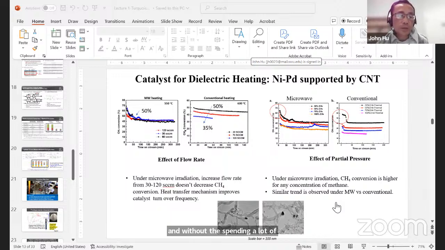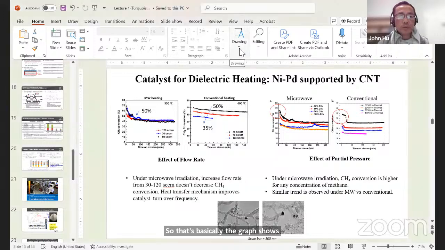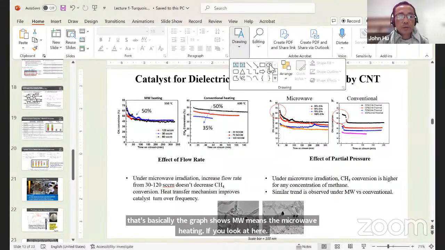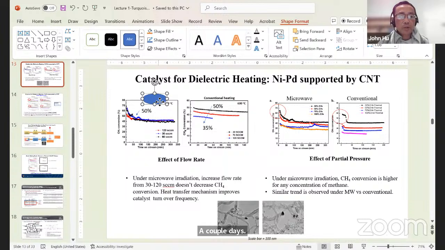So this graph shows MW, which means microwave heating. If you look here, I'm going to circle this, the microwave.